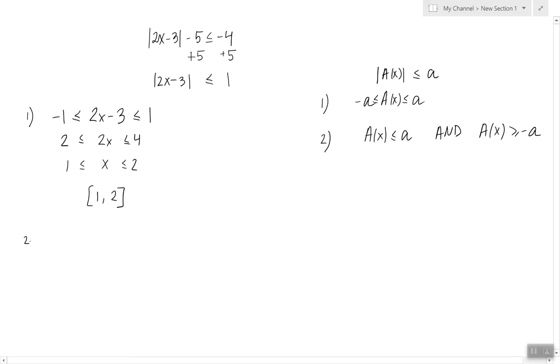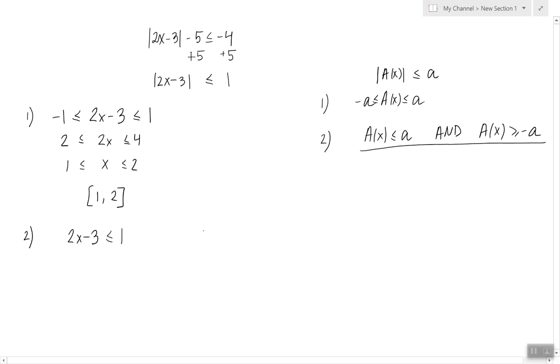In the second approach, we are going to take the same inequality and we're going to rewrite it as compound inequality. So we're going to take what's inside of the absolute value and set it to be less than or equal to 1.